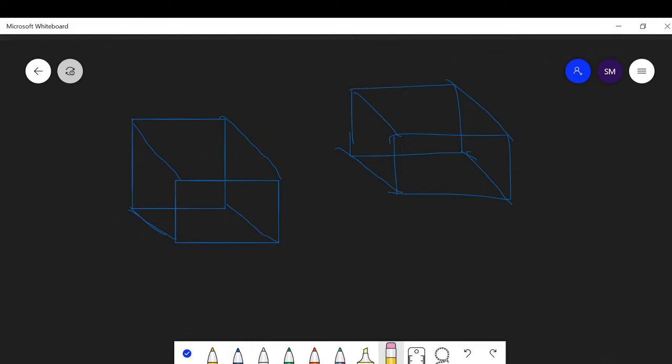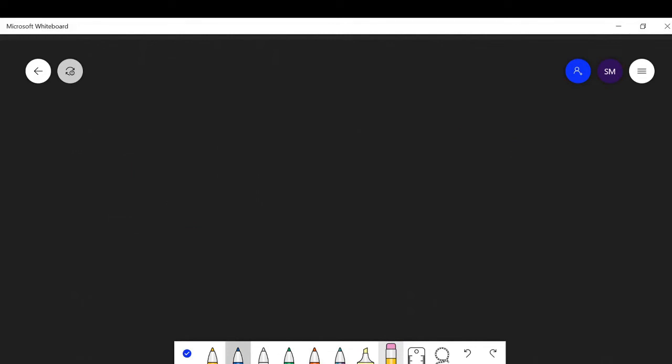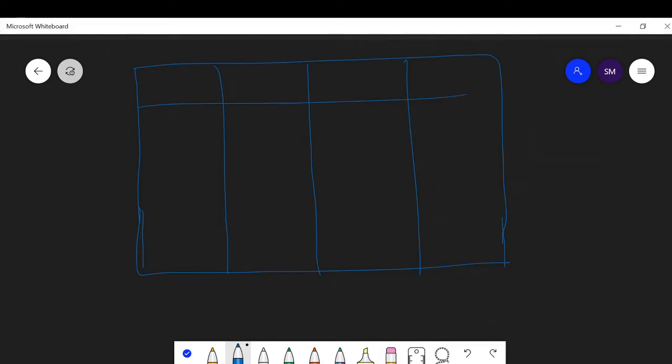Here we discuss the table showing how many faces and how many edges are found in the solid. Then I will tell you Euler's formula, which shows the relation between the number of faces, vertices and edges.